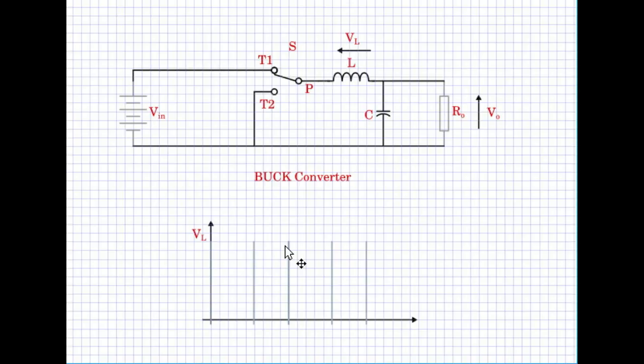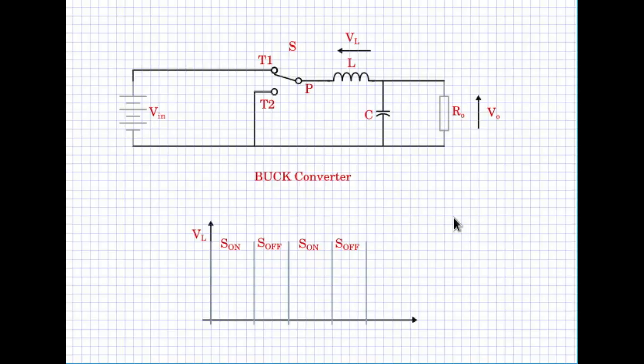This is the off time of the switch, again on time of the switch, again off time of the switch. So let us define it and name it in this fashion. S is on during this period, S is off during this period, again S is on, and then S is off.